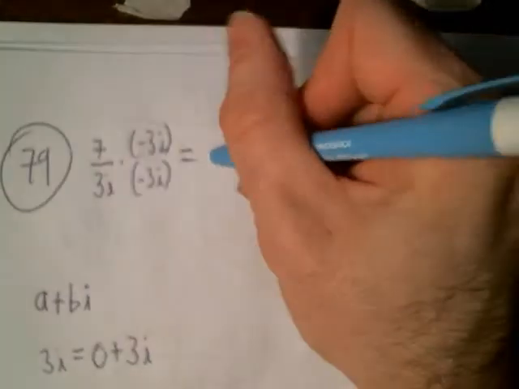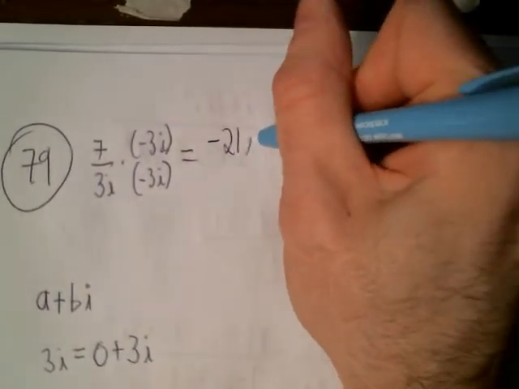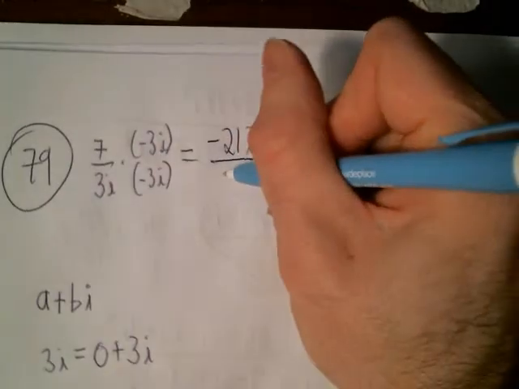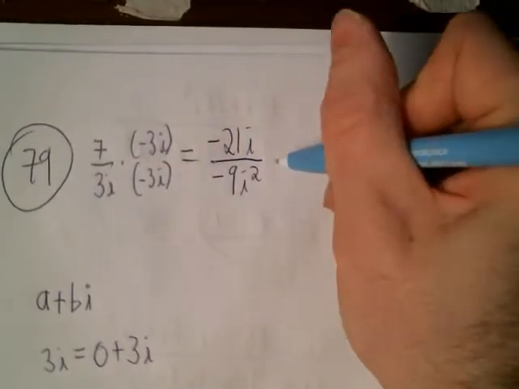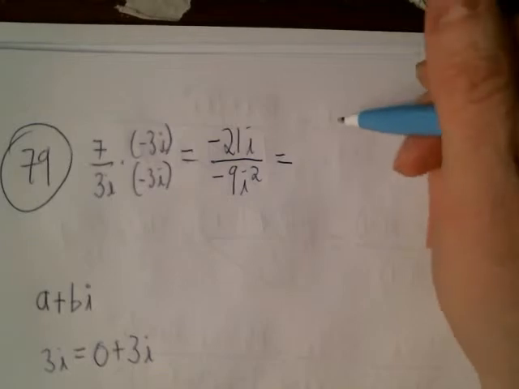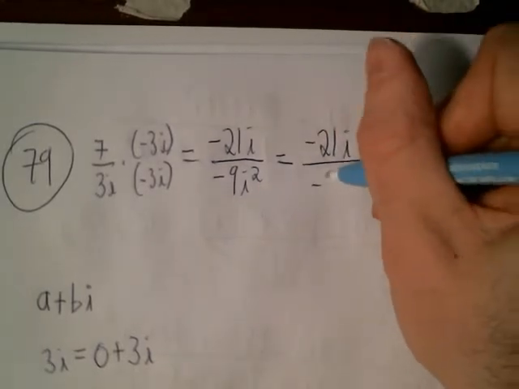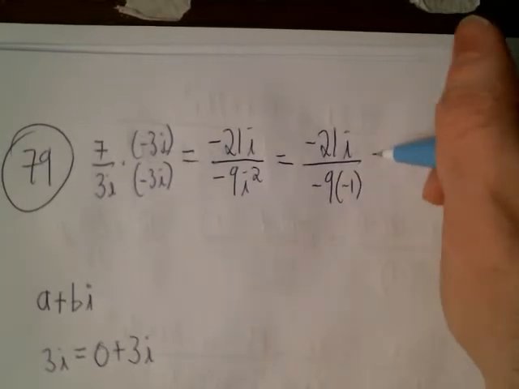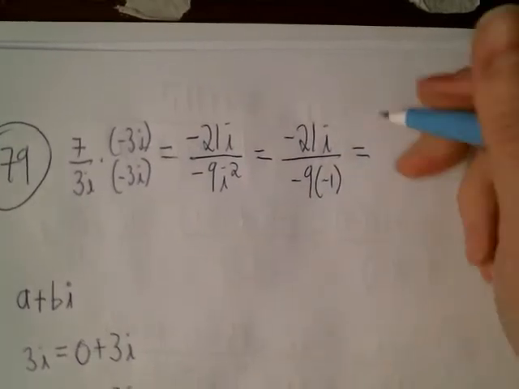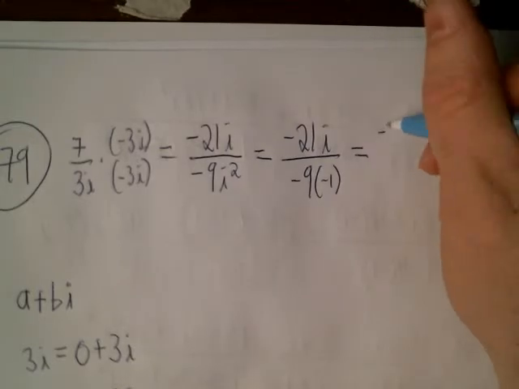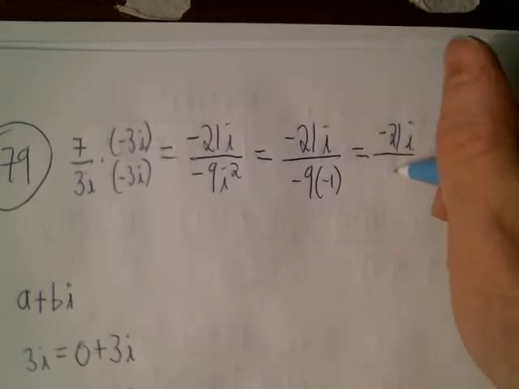Okay. So 7 times negative 3 is negative 21i. Downstairs, negative 9i squared. So I get negative 21i all over negative 9 times negative 1. So negative 21i all over positive 9.